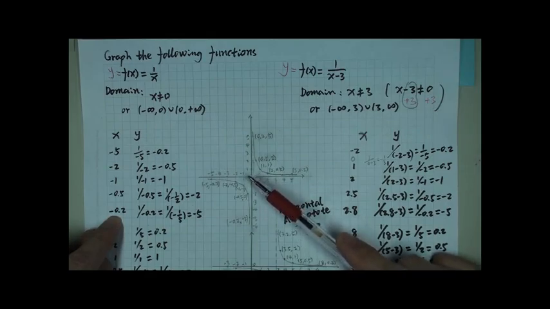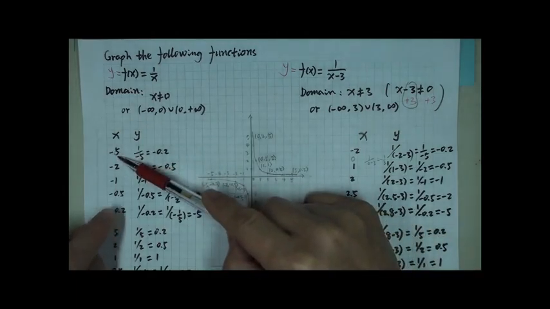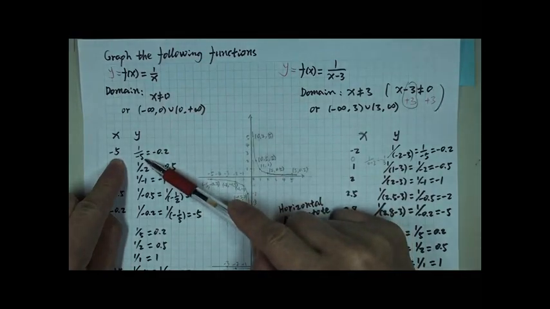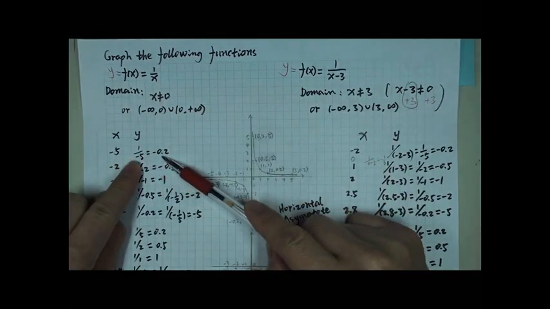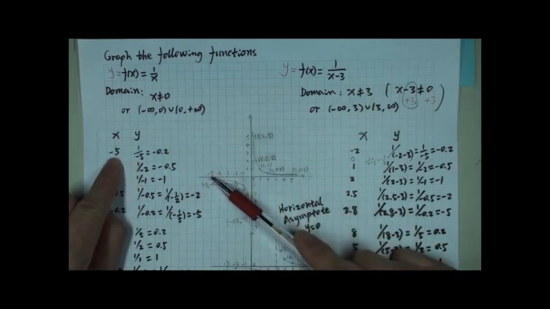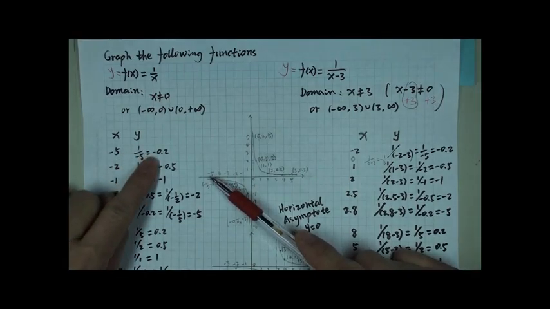You plug the x value in, so 1 divided by negative 5 is negative 0.2. That's y.